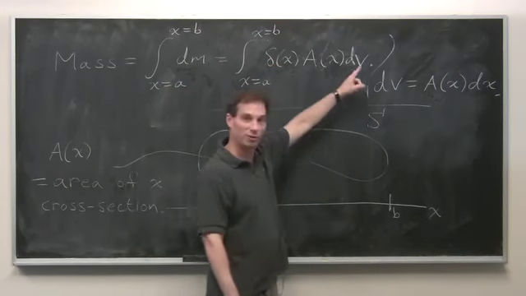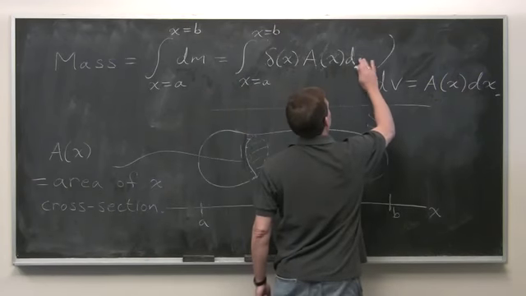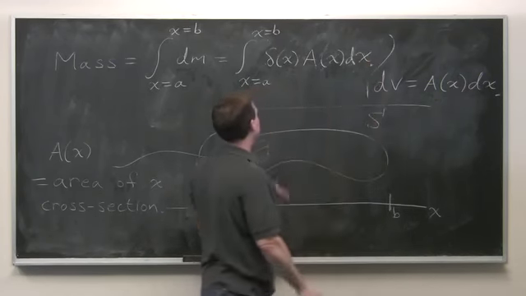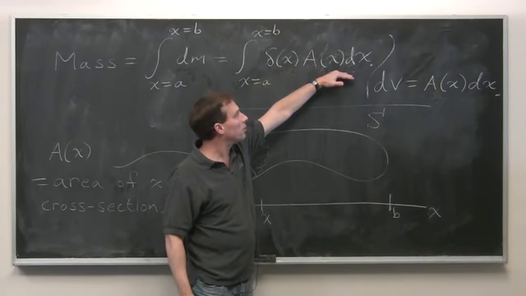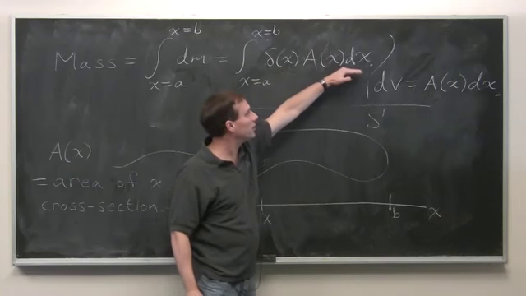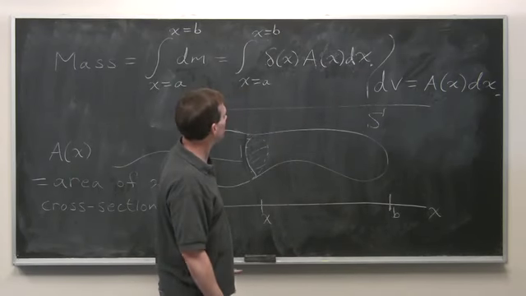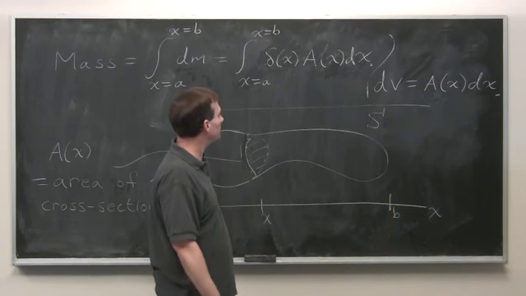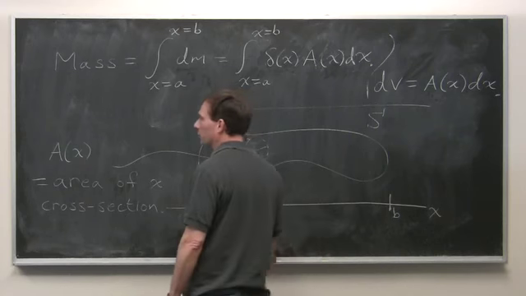I've written that wrong, hopefully you notice this, this should be a dx. You take the density times a little chunk of volume, but then you think, oh, but a little chunk of volume is the cross-sectional area times dx, or whatever your variable is. And so you split up the problem into pieces. Okay, so this is what we are going to do.